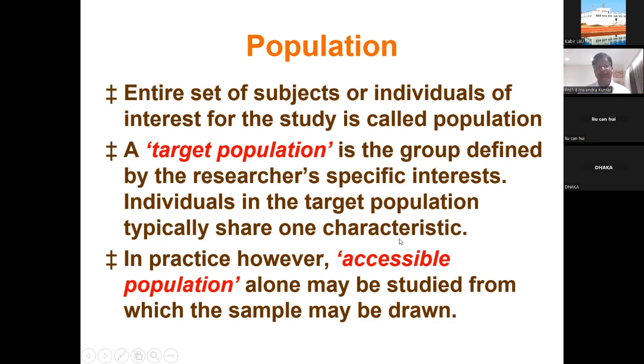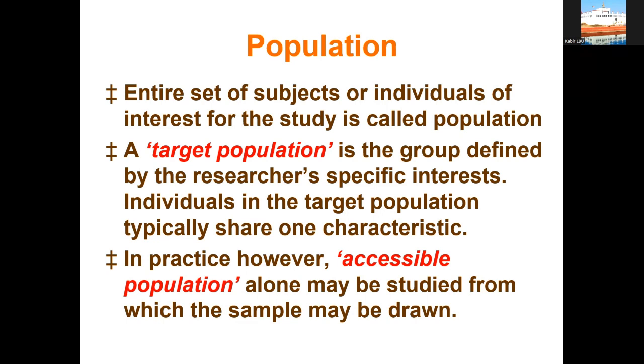So a target population is the group defined by the researcher's specific interest. Suppose it is not possible to have the entire population, but a portion of that. Uttar Pradesh is a very big state, it is not possible to survey the whole population, but a portion, a district or a village.